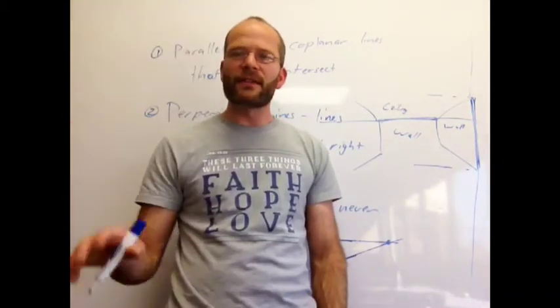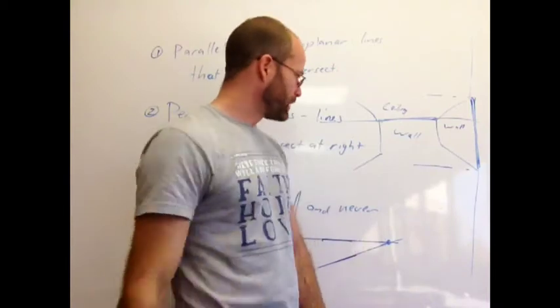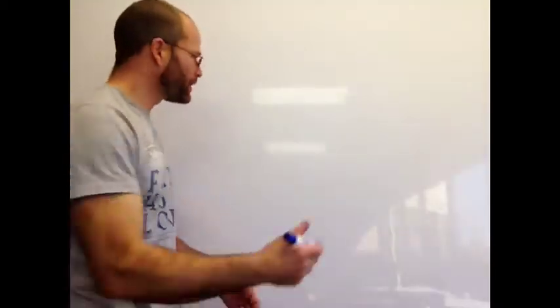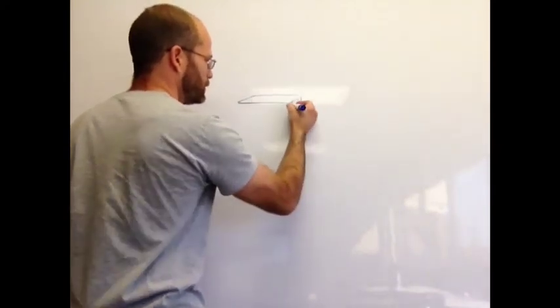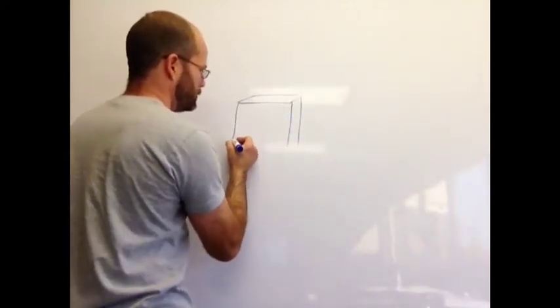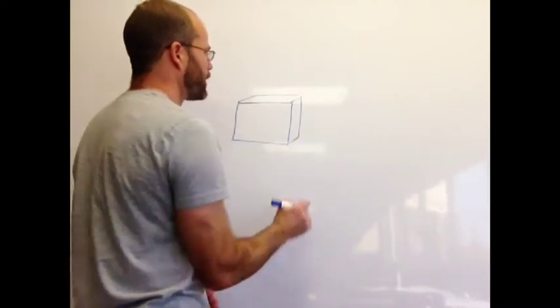That one's a little bit harder. I encourage you to look around if you want to think about maybe your bureau in your room. If you have a bureau, maybe it looks like this. Approximately like that.